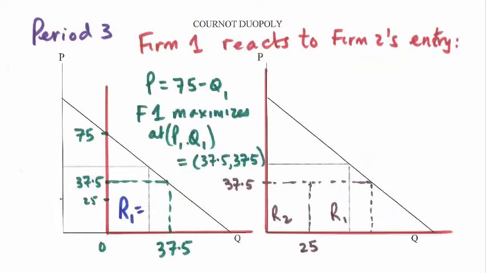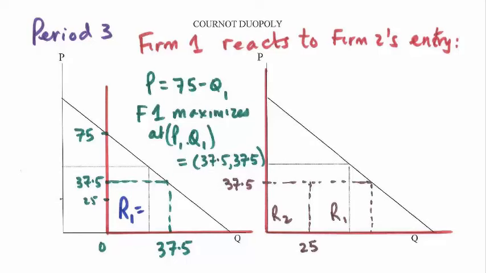Firm 1 will retaliate to firm 2's entry and will decide that if firm 2 is going to supply 25, it will determine that the unmet demand after the first 25 customers are satisfied will be 75 minus P. Q1 equals 75 minus P, and the marginal revenue here would be 75 minus 2Q, MR equals 75 minus 2Q.